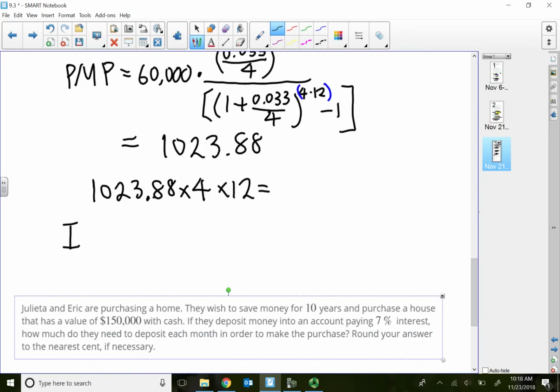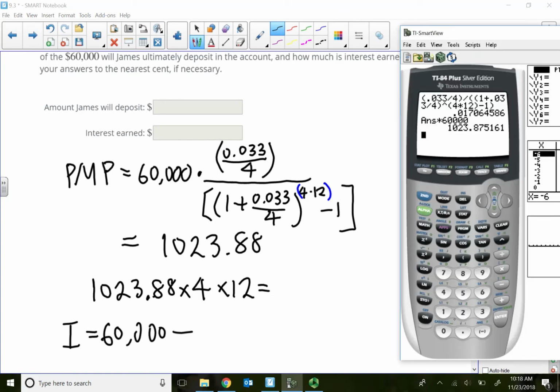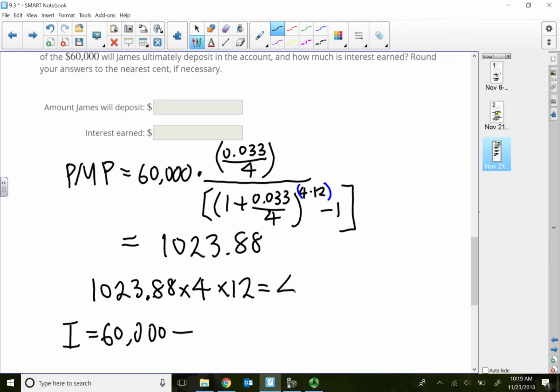So to get the interest out of it, the second part is finding interest. We take the $60,000 and minus whatever James put in. So 1023.88 times 4 times a year times 12 years. So that's 49,146.24.